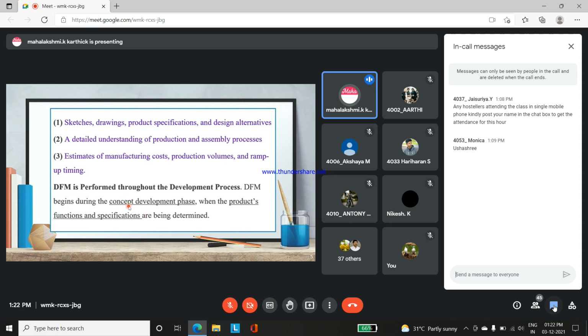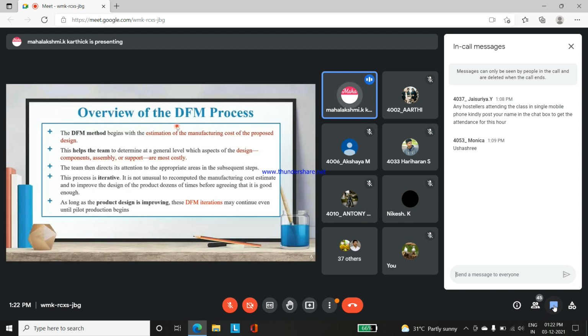So at the beginning itself, they will communicate with the DFM team members. The DFM begins during the concept development phase when the product functions and specifications are being determined. With respect to the customer needs statement itself, they'll find out whether it is a proper procedure to follow this concept or whether you can drop this concept.